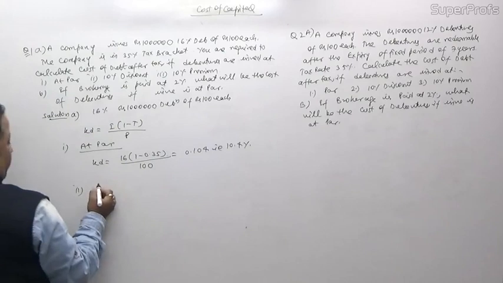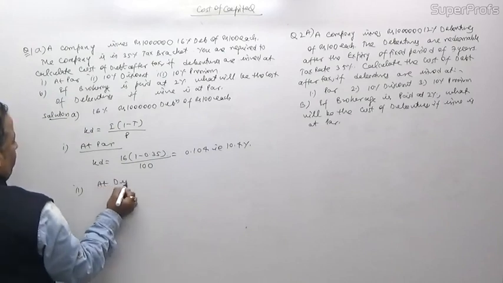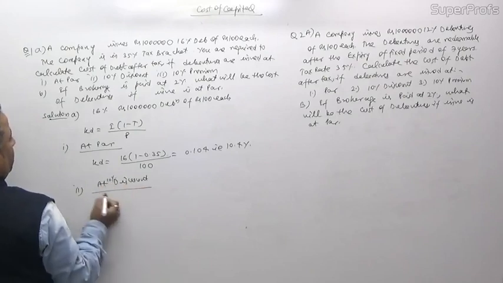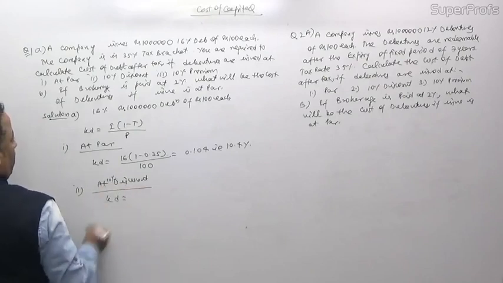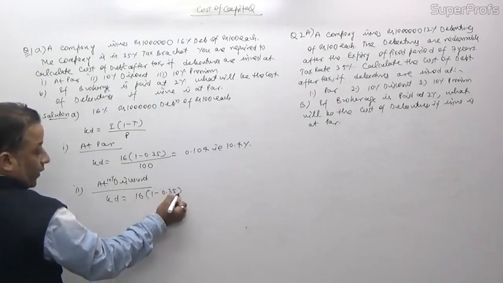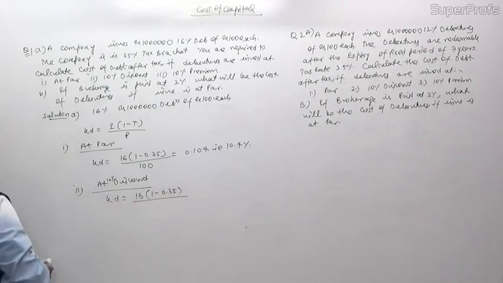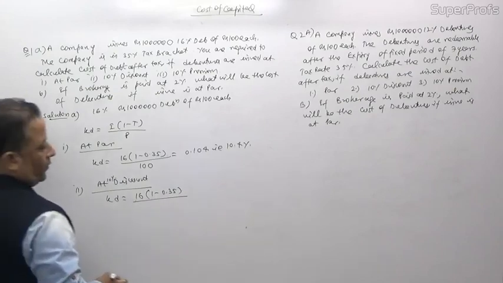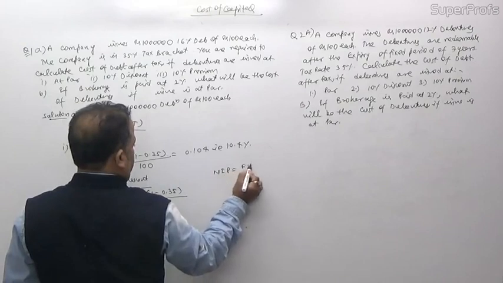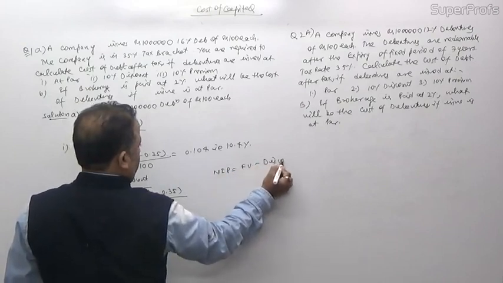Second part, if the debentures are issued at 10% discount: Kd equals 16% interest rate, tax rate 35%. If the debentures are issued at a discount, then the net issue proceeds equal face value minus discount.